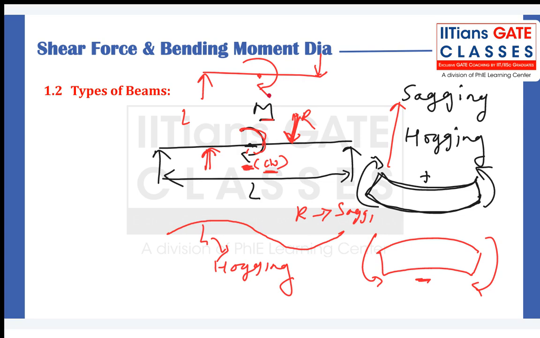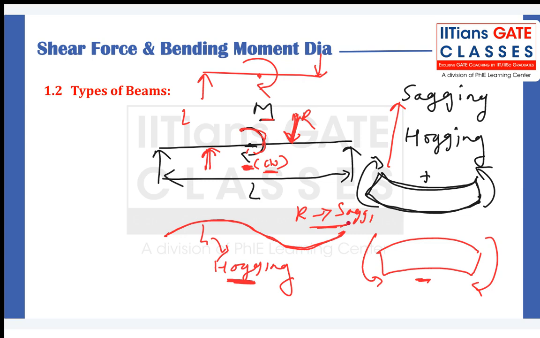So how do you see deflection? You will see this deflection pattern. So you can now easily make it: your left side is under hogging and right side is under sagging. Very few people actually understand how we decide the sign of the bending moment.